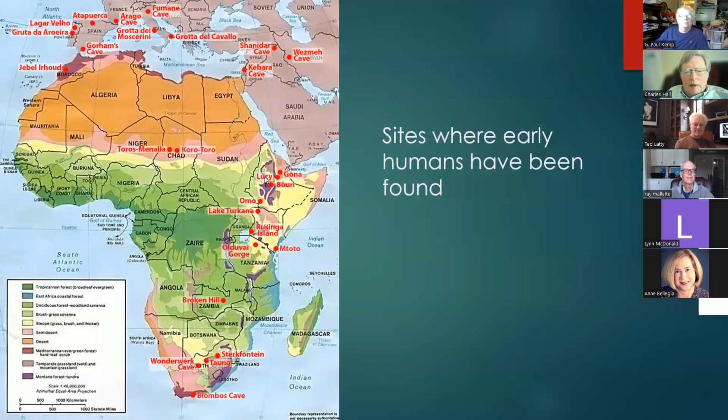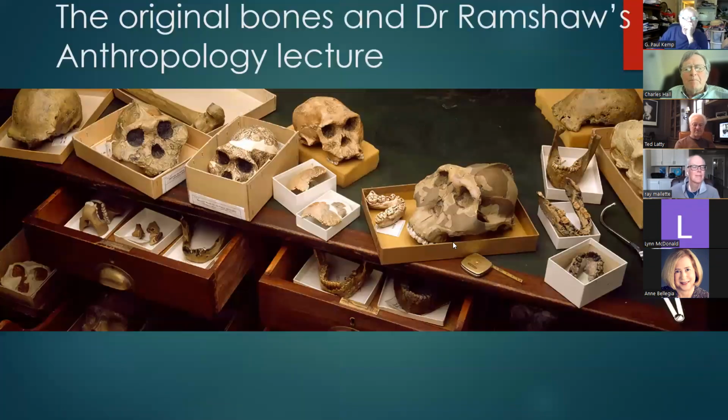Lucy is a very famous fossil that came from East Africa. Now, maybe there's lots of fossils in the Central African Republic or Nigeria, but we can't look there because it's covered with forest most of the time.